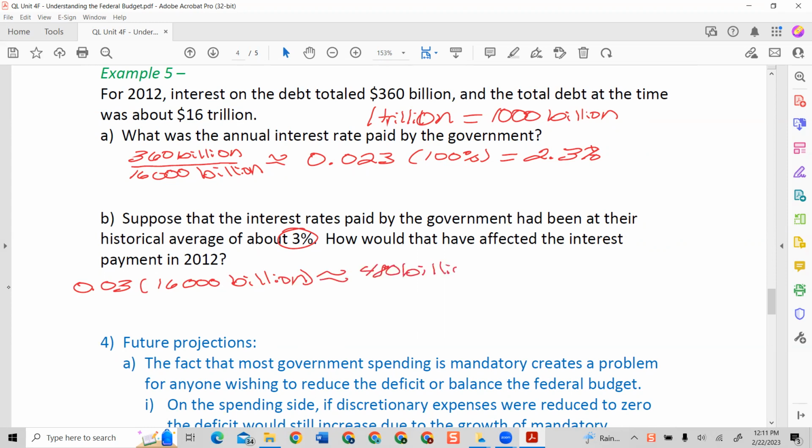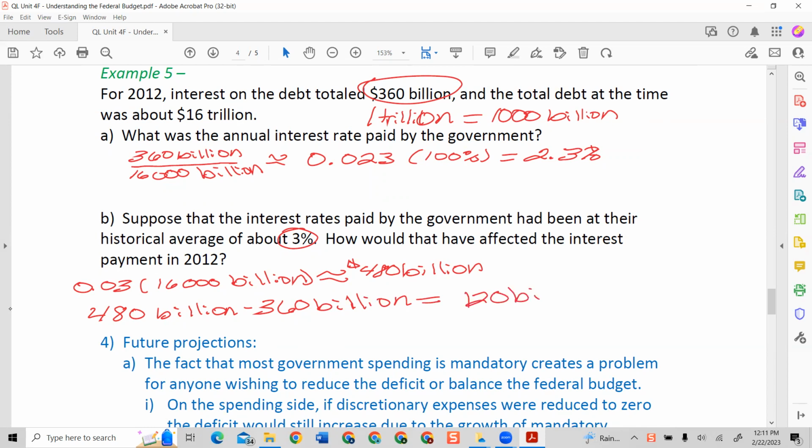All right, this $480 billion, if I take it and subtract this 360 billion, I'm going to get $120 billion. Okay, so this is more than the actual interest payment.